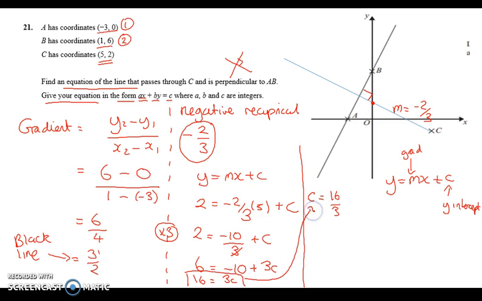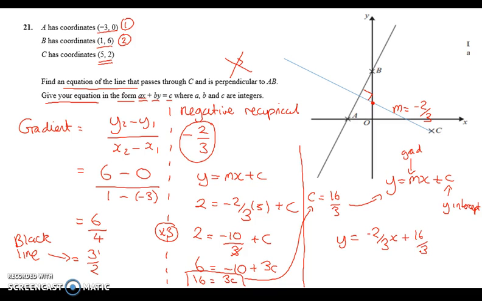So c is 16 over 3, and then let's put that into the full version of the equation again. We're going to put our m and our c into here now. So y equals, the gradient was minus 2 over 3, x plus the intercept, which was positive 16 over 3.